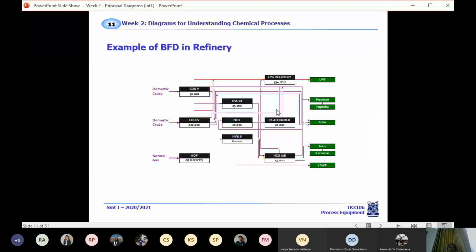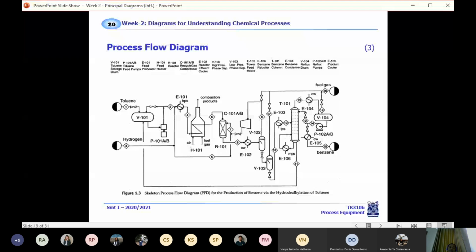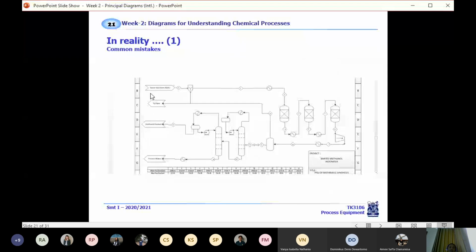So in this case, look at this one. This one is from the left, and then goes back to the left. In a good PFD, the feed should come from the left, and then the product will end up on the right.